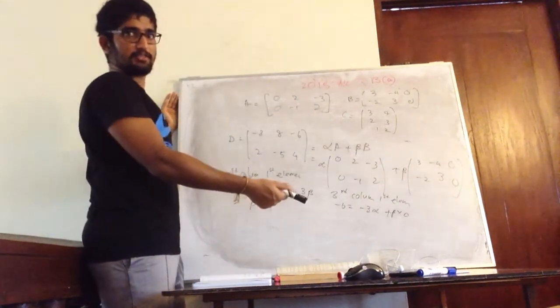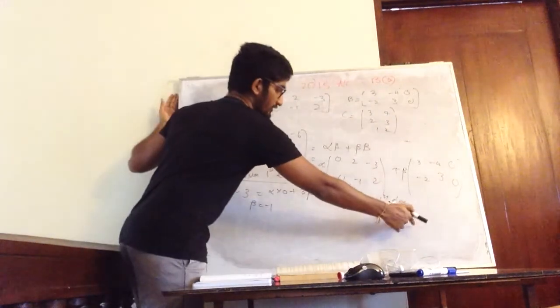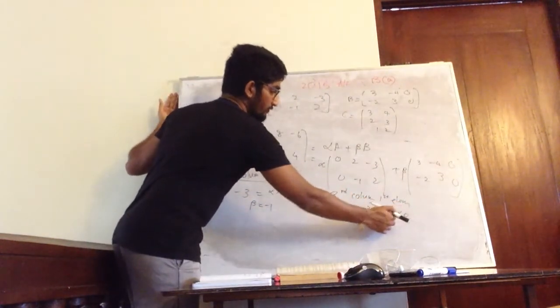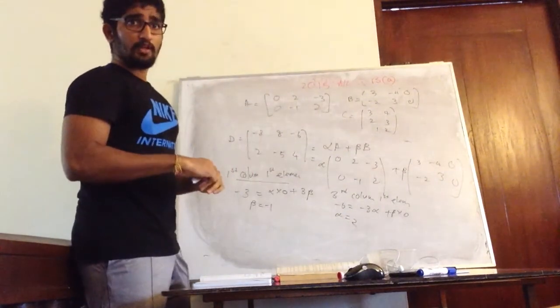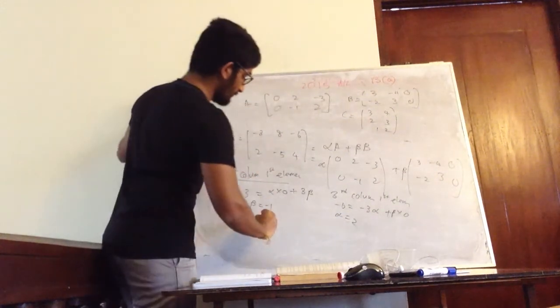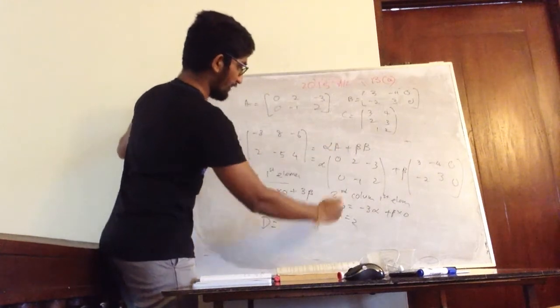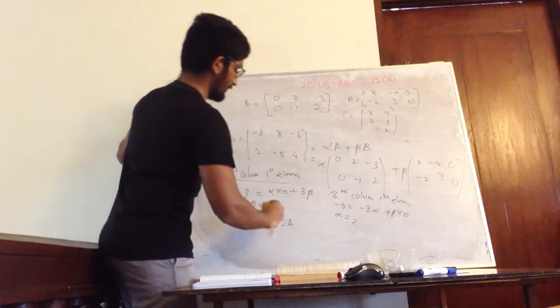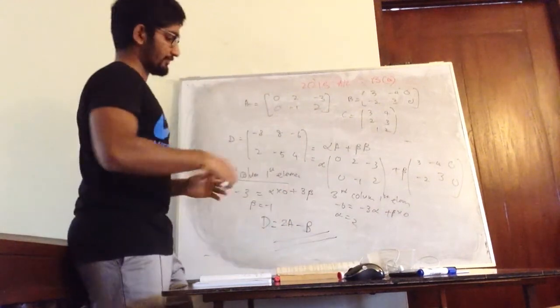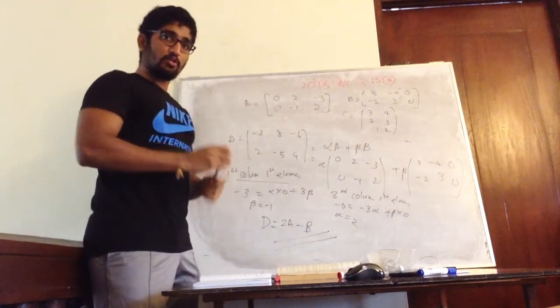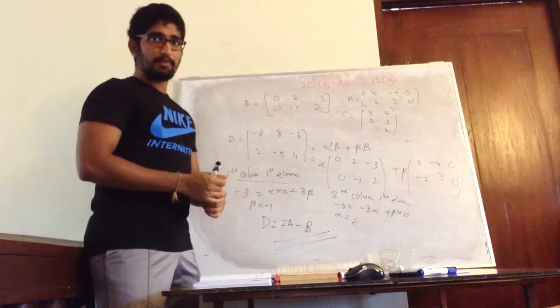So we can find alpha as 2. So D can be written as 2A minus B. So we wrote D in terms of A and B. Correct?